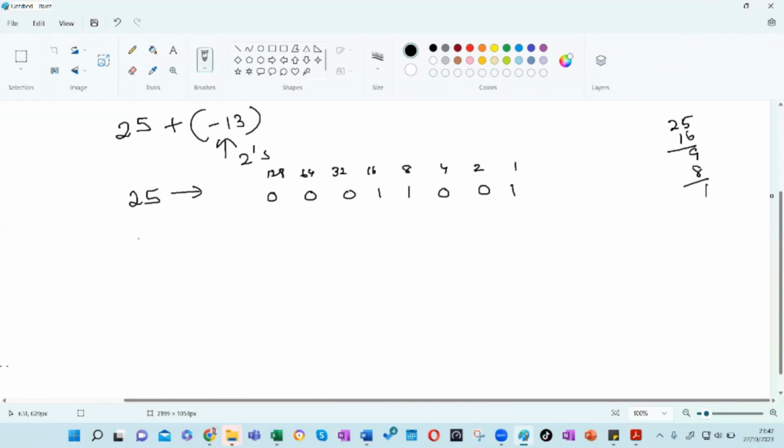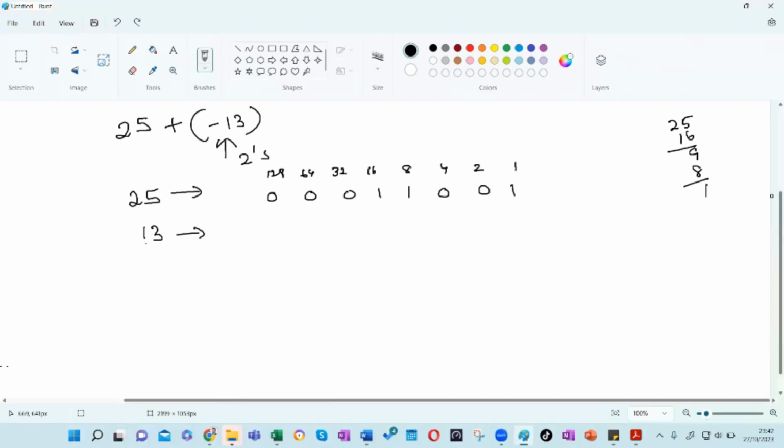How do you convert minus 13 into 2's complement? So first write the positional value.